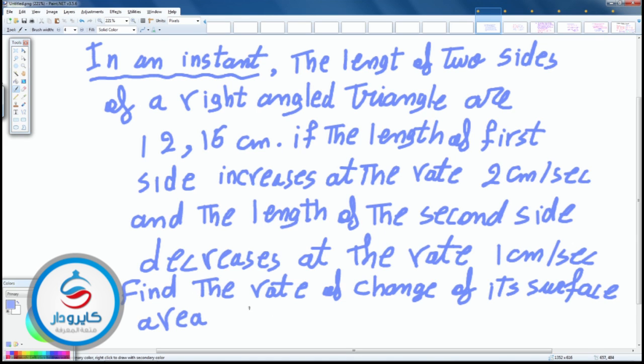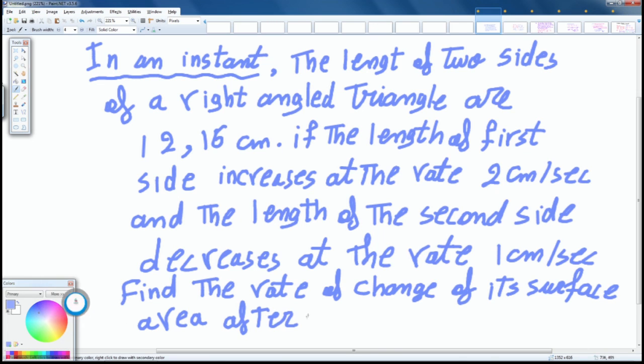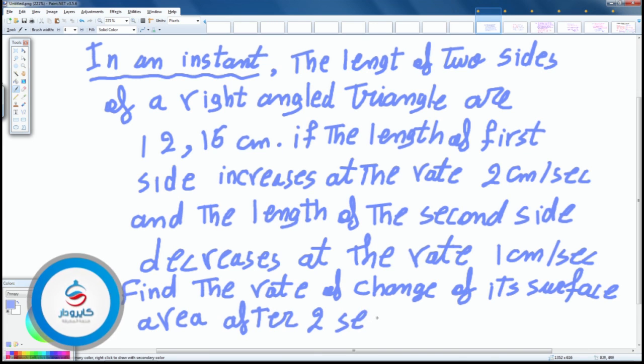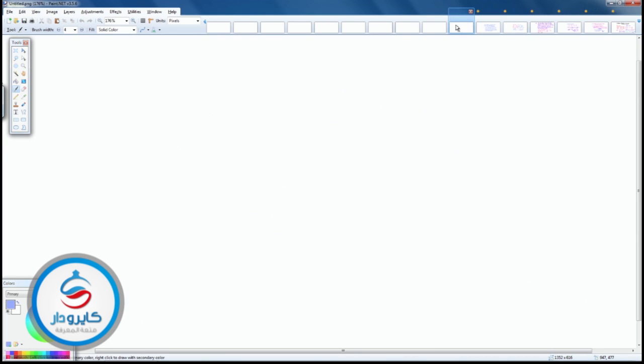After 2 seconds, from the fixed instant. Now we have to see the solution.